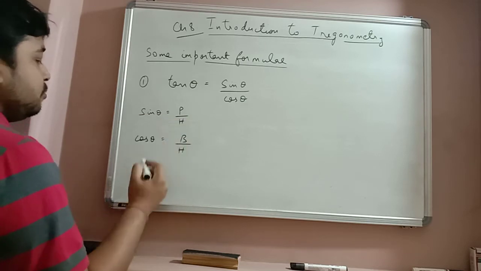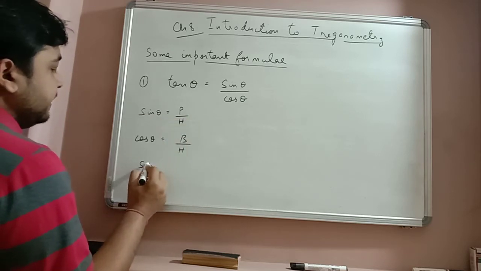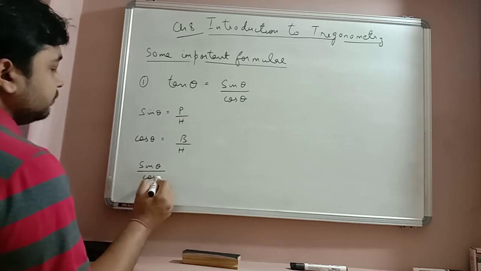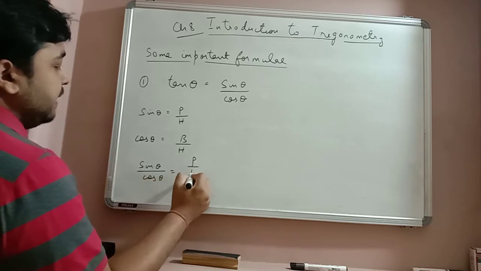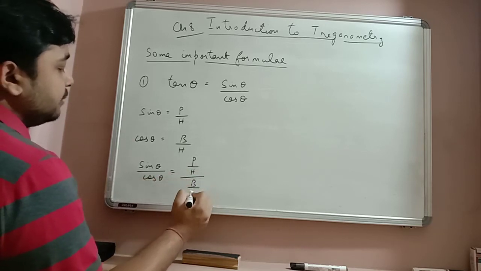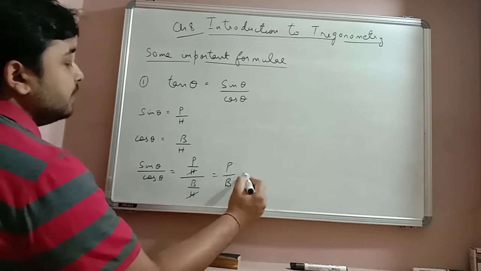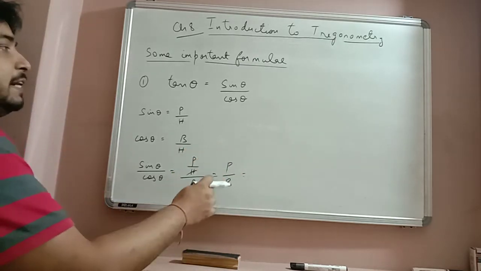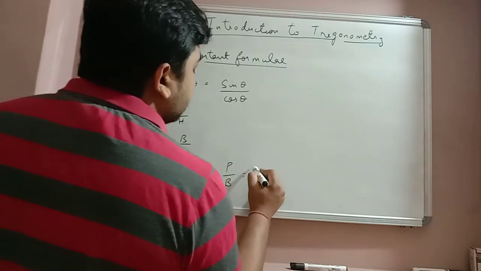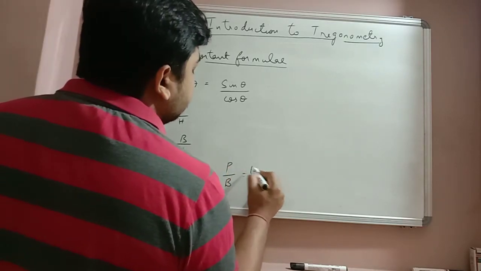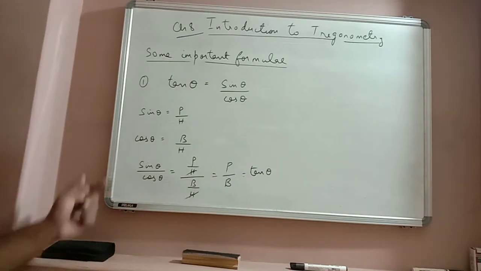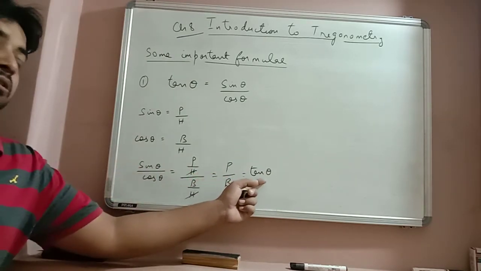If we divide these two equations, I'll get sin theta by cos theta equal to P by H by B by H. H and H will get cancelled and we'll be left with P by B. And we all know that P by B, that is perpendicular upon base, is the tan theta itself. So we got sin theta by cos theta equals to tan theta.